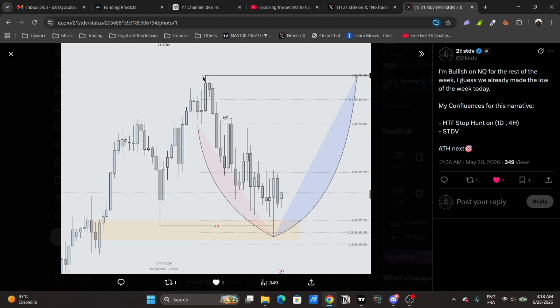I had this manipulation leg here, marked my standard deviations, and it gave me this zone where the market already tapped the first time in this 4-hour order block, and then came again and swept this low in this higher time frame array and left this crazy wick as a very bullish reaction.